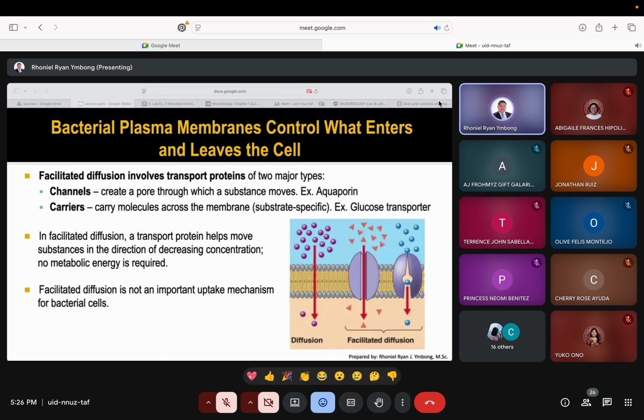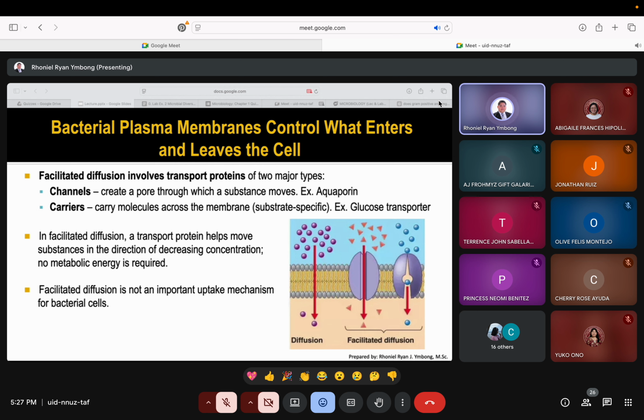Meaning these particular proteins only carry or transport materials that are specific for their receptors and nothing else more. So your carriers are highly specific compared to your channels or the pores. If your movement does not require energy, but it requires the help of transport proteins to move across the plasma membrane, then that is what you call facilitated diffusion.